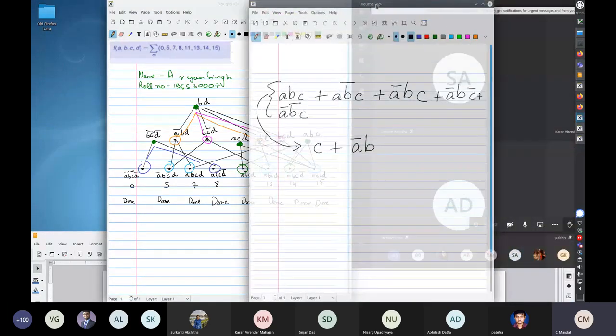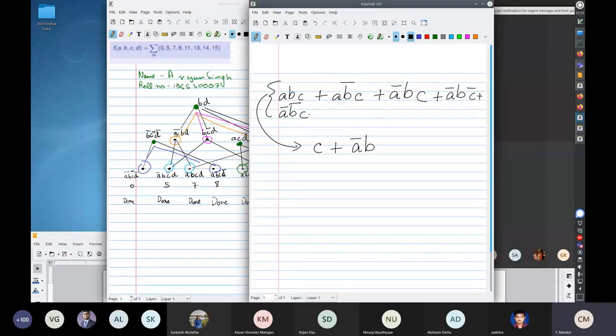If you have a Boolean function f, and P is an implicant, it is written like this.